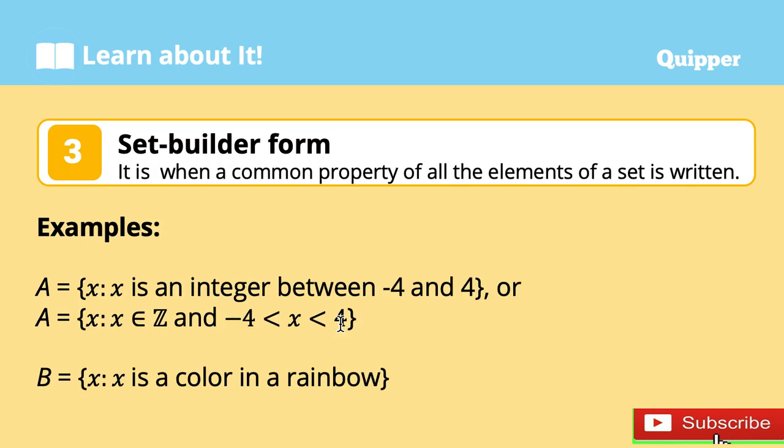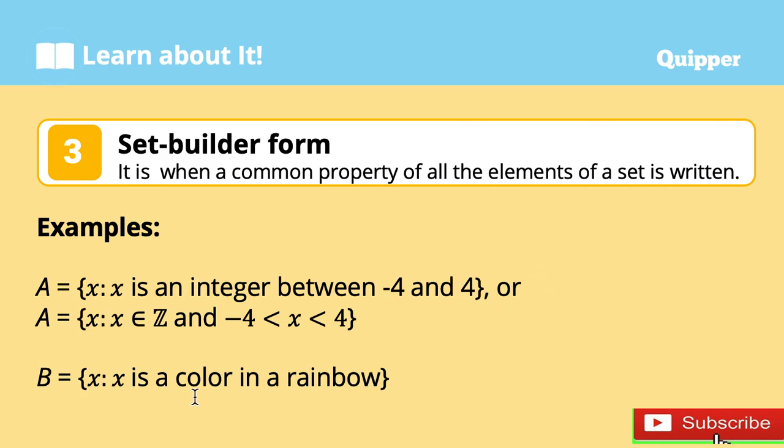Next, we have the set builder form. It is when a common property of all the elements of a set is written. So we'll just describe the common property of all the elements. For example, set A is equal to the set of all x such that x is an integer between -4 and 4.